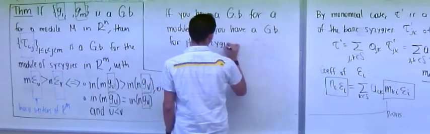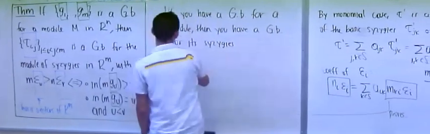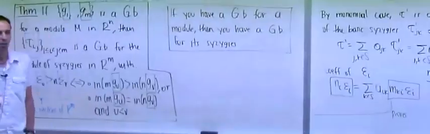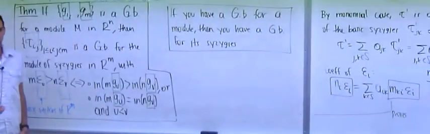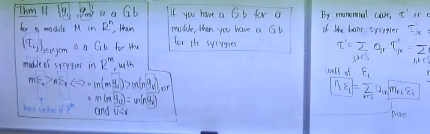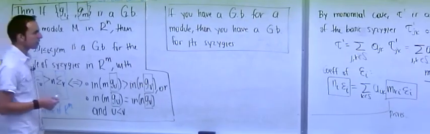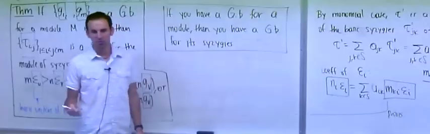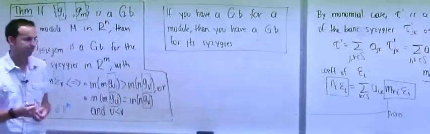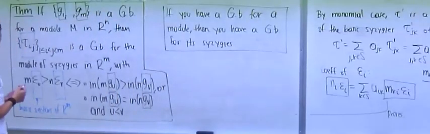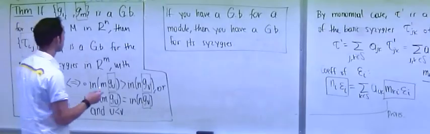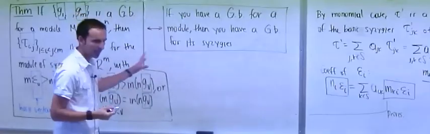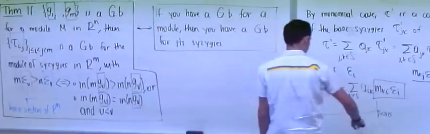Now remember that there are many reasons why having a Gröbner basis is very useful, and the main one is that it allows us to compute very easily. So if you have a Gröbner basis for the syzygies, that means that you can perform computations on syzygies very easily. There are some technicalities involved, but that's the philosophy of this theorem.